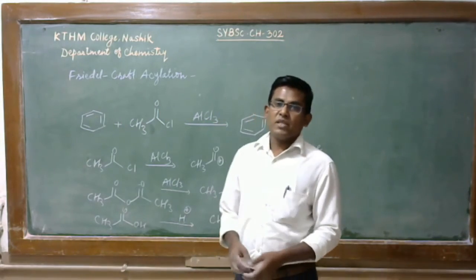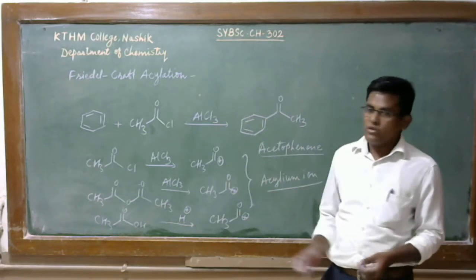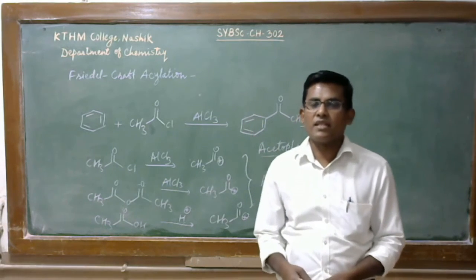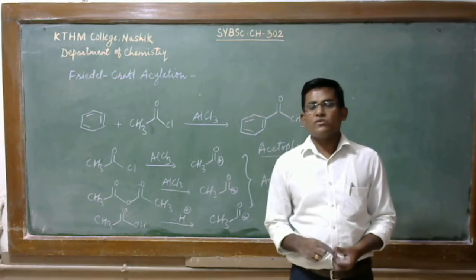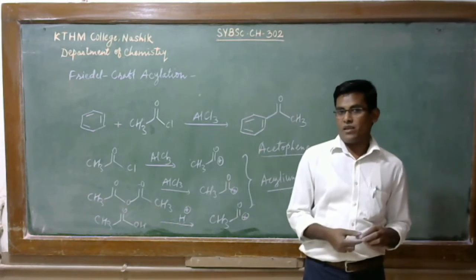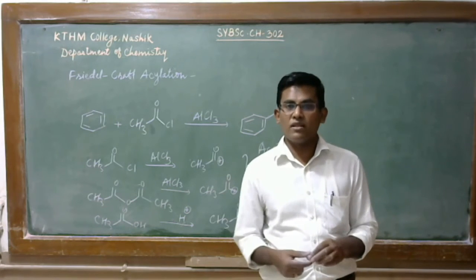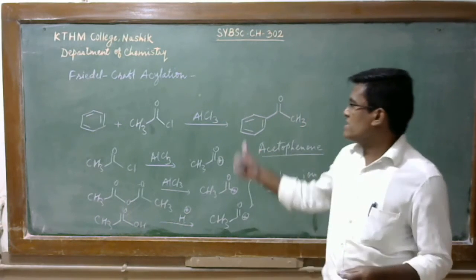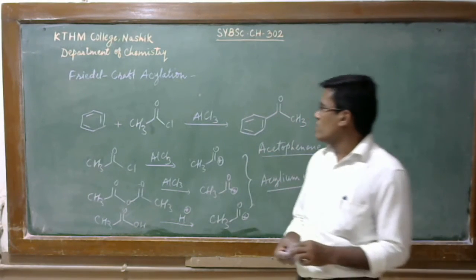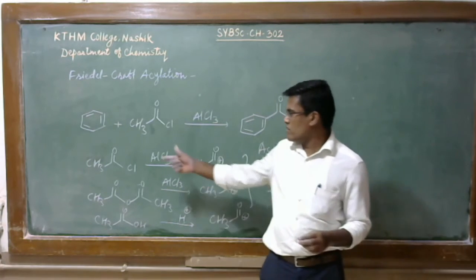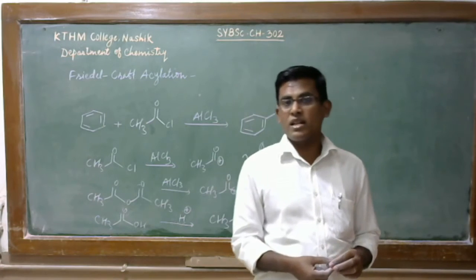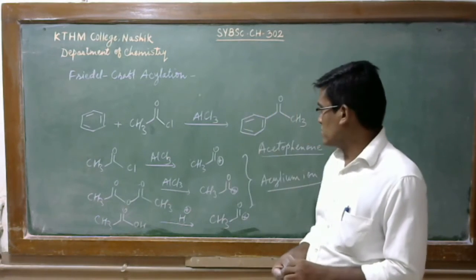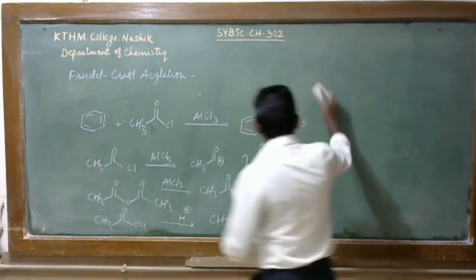An important feature of these two reactions, Friedel-Crafts alkylation and acylation, is that we can introduce more than one alkyl group to the benzene ring. But when you acylate the benzene ring, a second acylation will not occur.